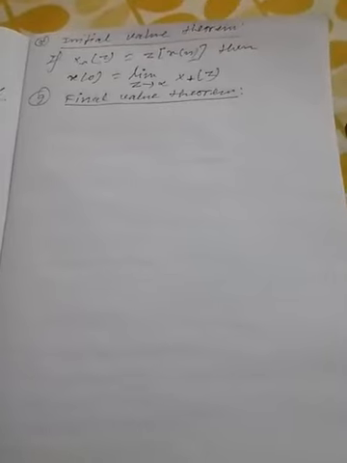Now property number 9 is the final value theorem. This is also a very important property.